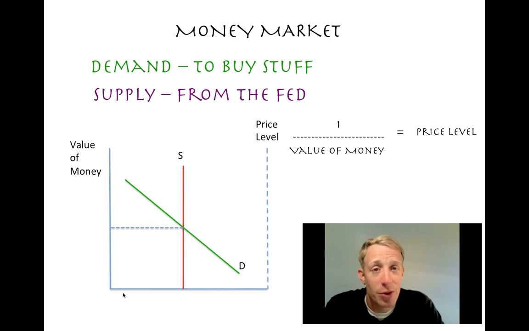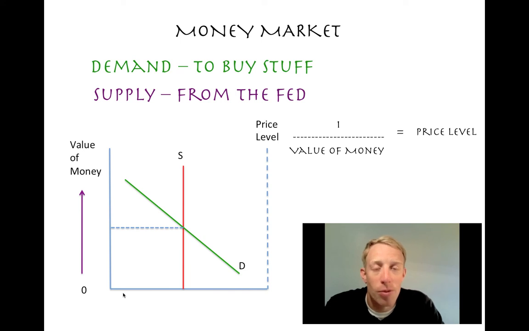So on the left-hand side, we have the value of money, and it runs up. It runs in the same direction we're used to seeing. It's 0 at the origin of the graph, and as we go up the axis, the value of money goes up. The price level, however, runs in the opposite direction.